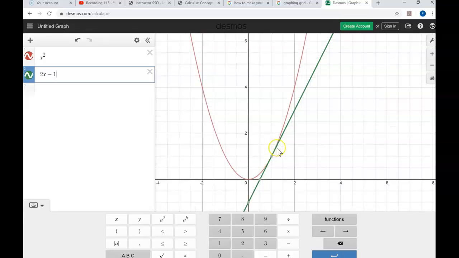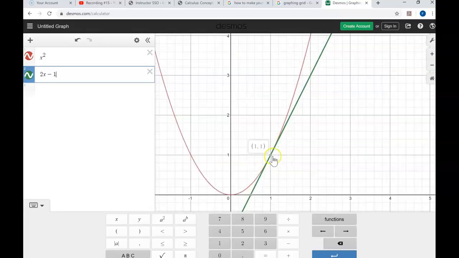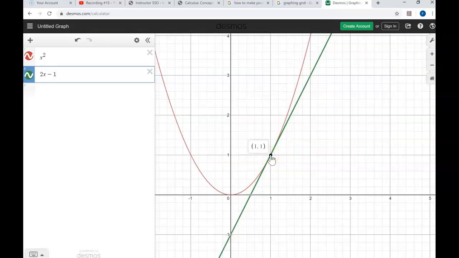And so now what you can see here is that this graph is intersecting and it's a tangent, so it's touching only once on this parabola.